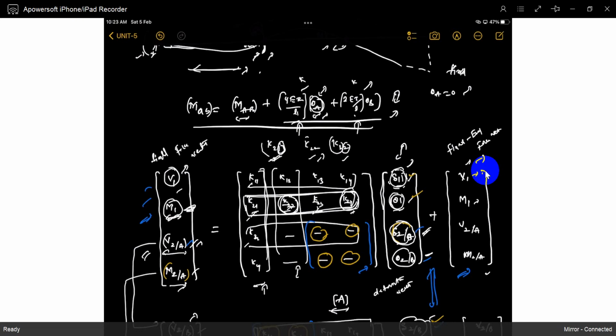So direction 1, direction 2, direction 3, direction 4. But if you take this row, everything is in the direction of this second only. K21, K22, K23, K24. Everything is related to the second direction. Second direction means what?